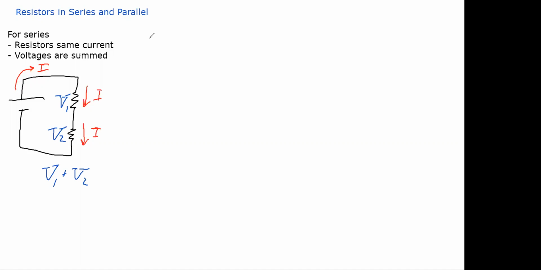In this case, since they're the only resistors in the circuit, that's going to equal the voltage of your battery, which again would come from the loop law, right? As you go in a loop around this circuit, your total voltage should be 0.